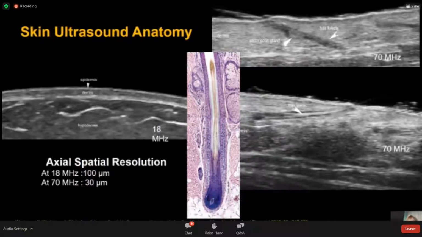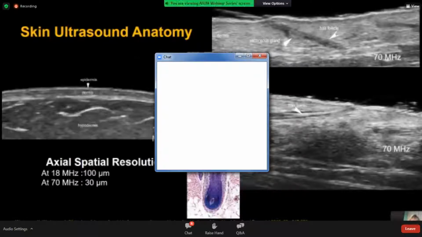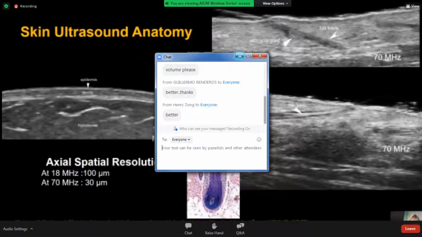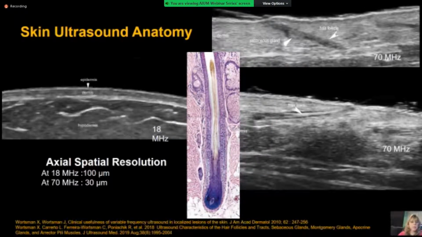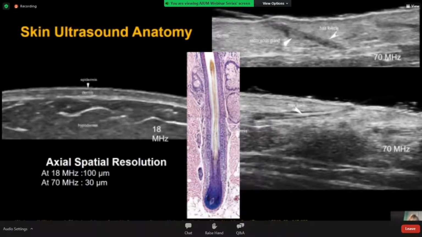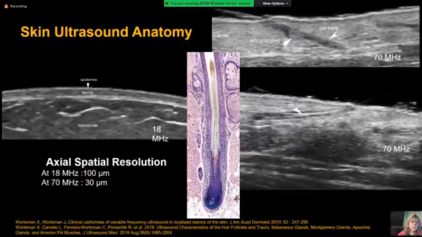using an 18 MHz probe. On top, you can see the epidermis that appears as a hyperechoic line, and the echogenicity of the epidermis is provided by the keratin content.